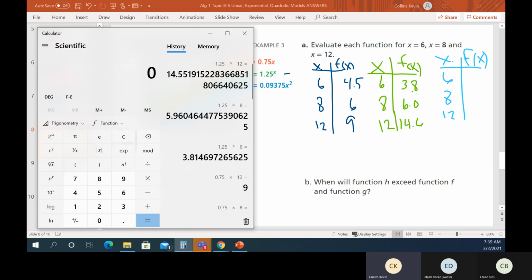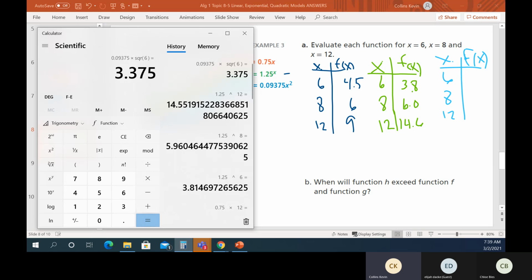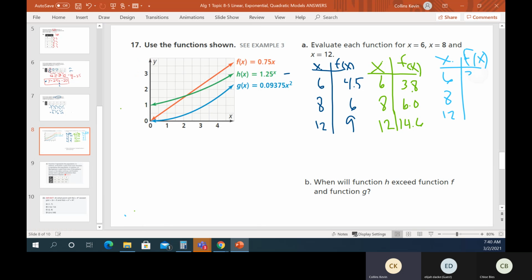So this one we've got 0.09375 times 6 squared. So that's 3.375. So about 3.4.